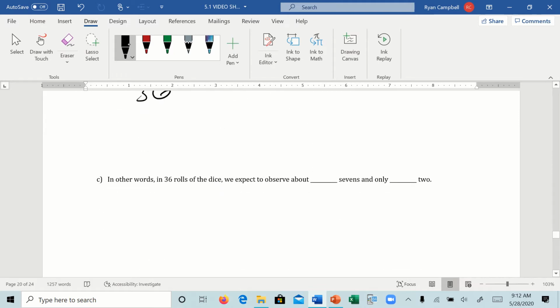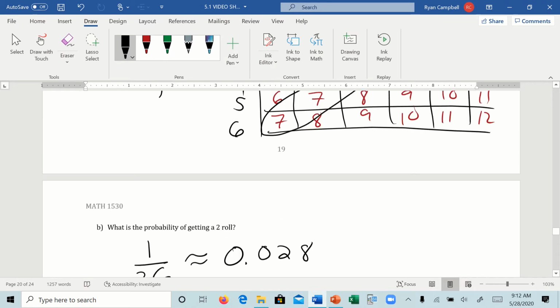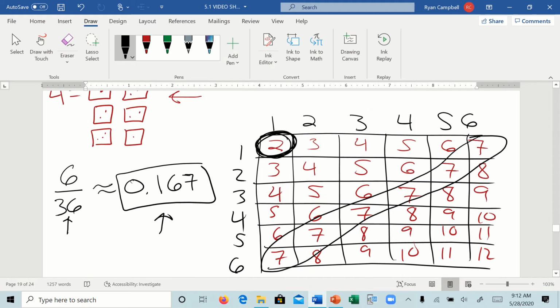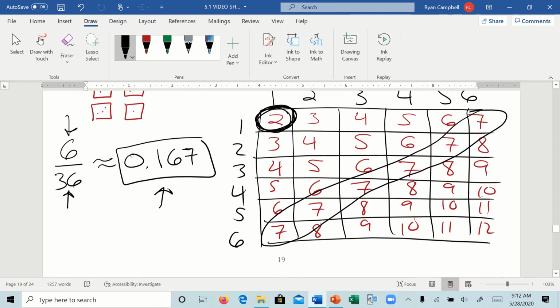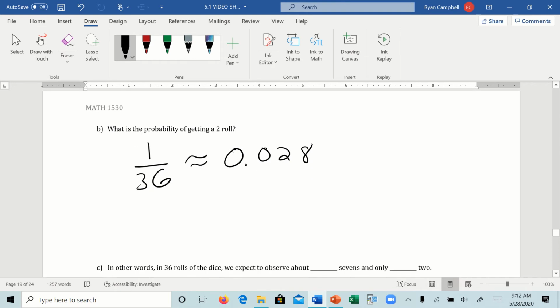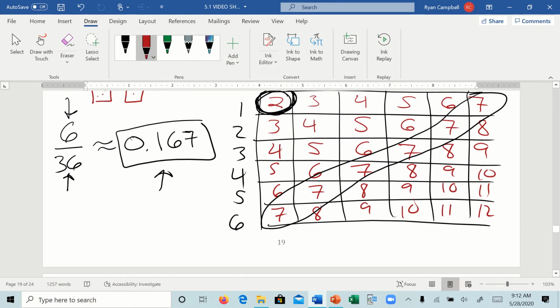So, in other words, in 36 rolls, how many 7s and how many 2s would we expect? Well, we already said out of 36 rolls, we would expect 6 7s. It occurred 6 times. We could also multiply this decimal by 36, and we get 6.012, which is 6.